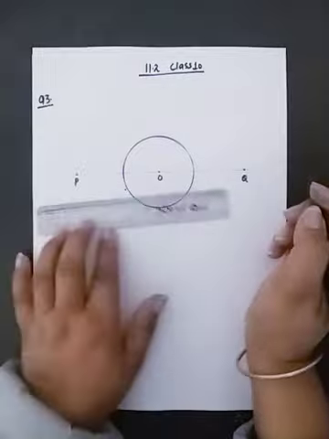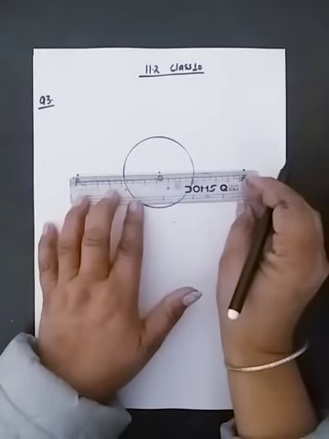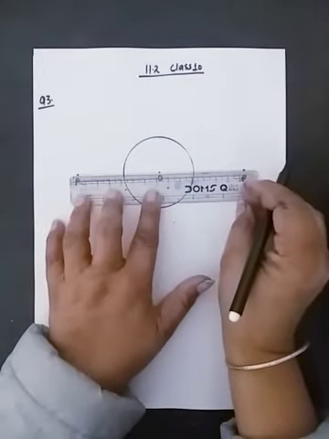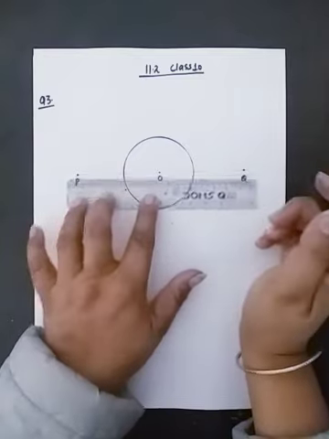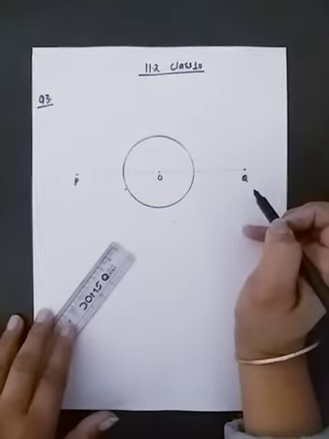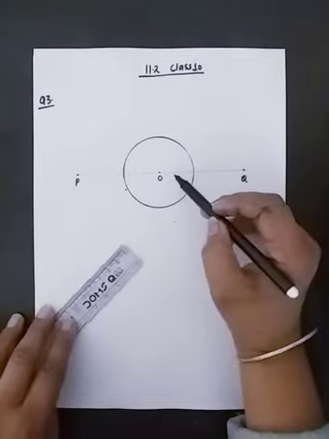Again we have to join these 2 points with the center, or you can say these 2 points are exterior points for our circle.